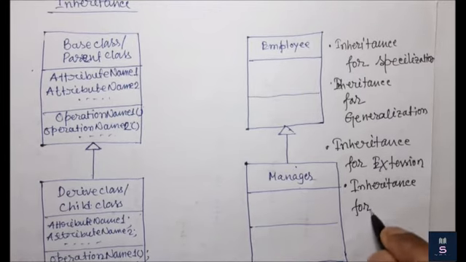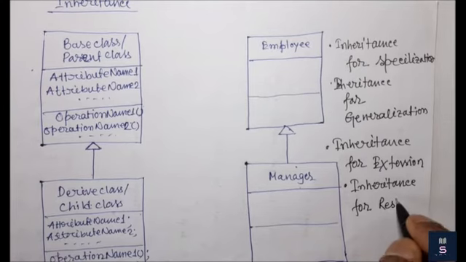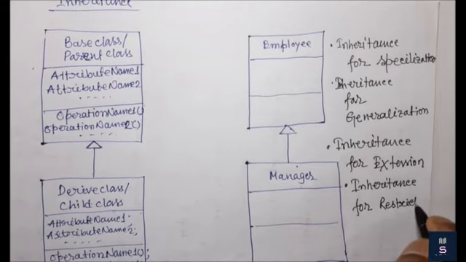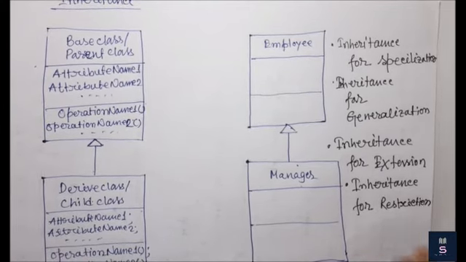For restriction, the derived class does not implement the functionality which the base class has. In other words, inheritance for restriction occurs when the behavior of the derived class is smaller or more restrictive than the behavior of the base class.